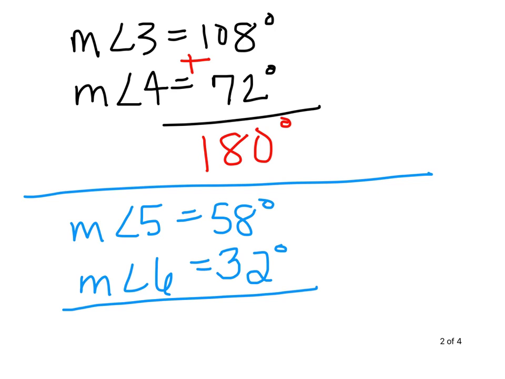Good, and remind me again, what does complementary mean? Very good. Two angles add up to 90 degrees, and you're absolutely correct. Number 5, those angles are complementary. Fantastic.